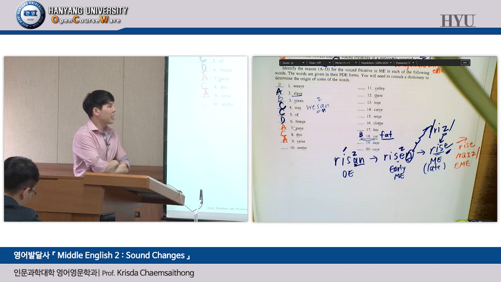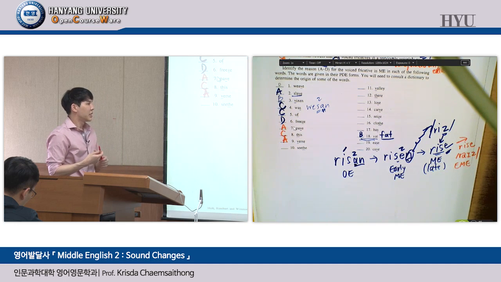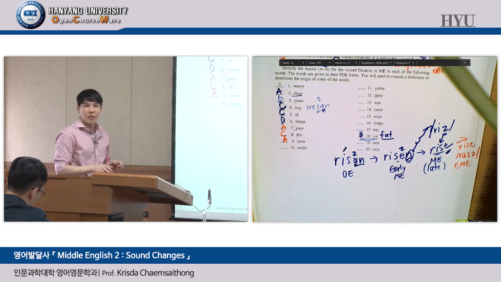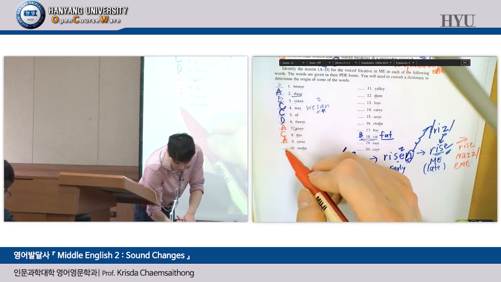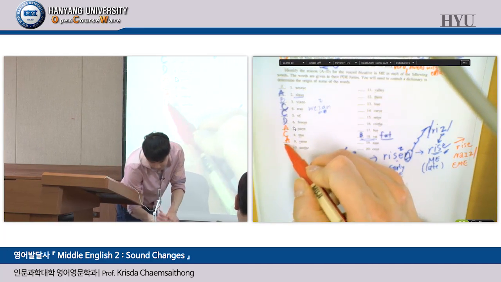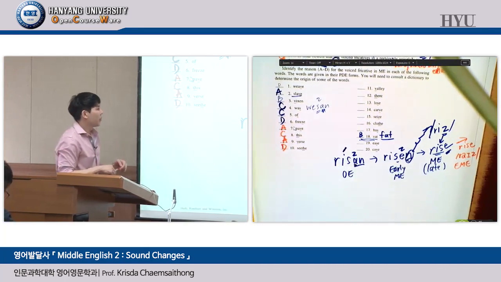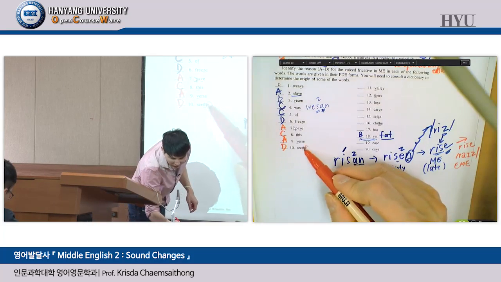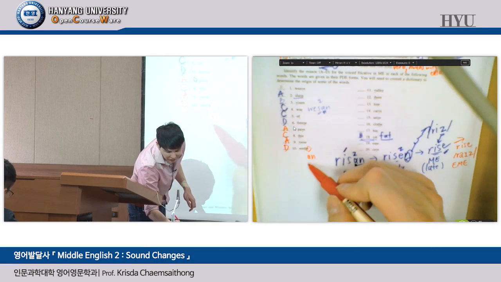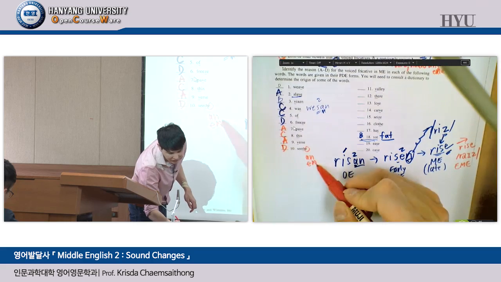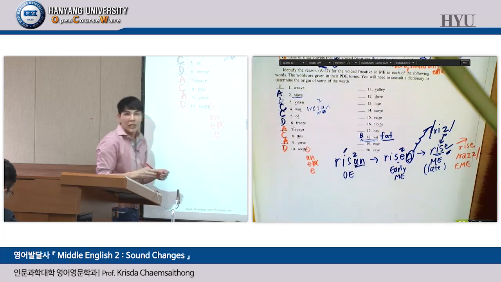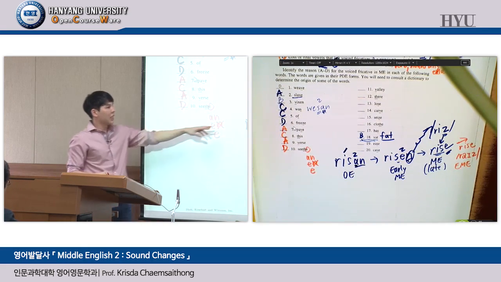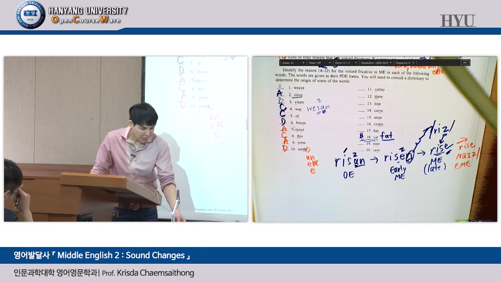Number 10, seethe, right? So this is a verb, from seethan, for example. So we have number D as the answer, right? Because the an is gone and then the n is gone, the e remains, right? Just like in the case of reason, like that.